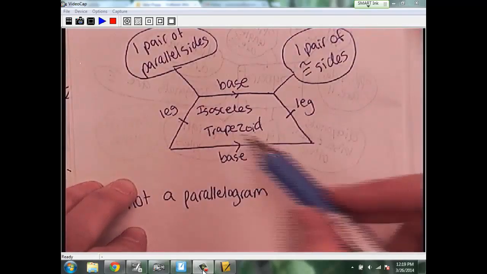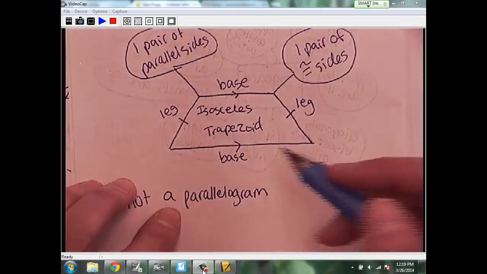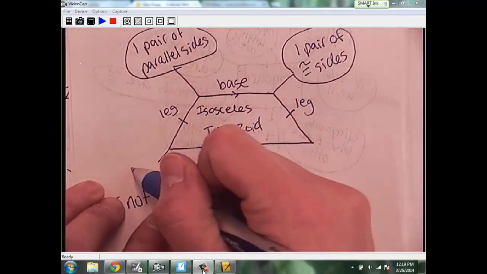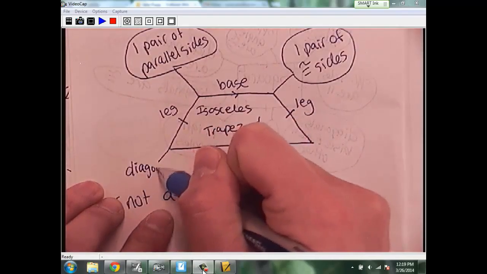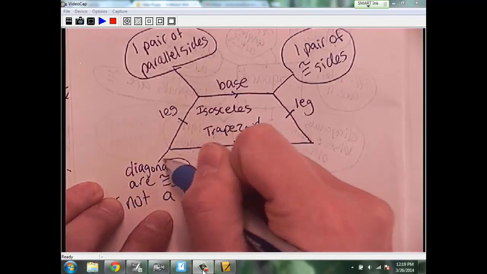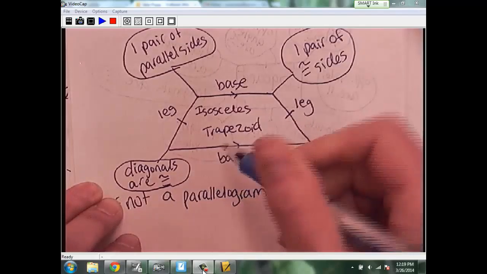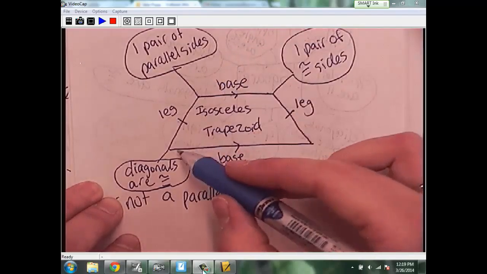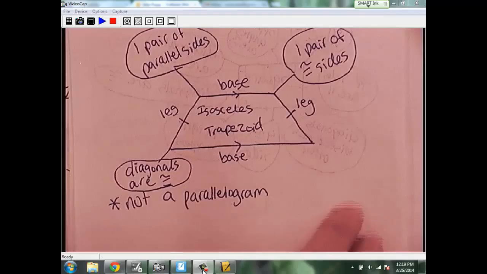Your two legs are congruent to each other. In an isosceles trapezoid, the diagonals are congruent. If I drew my diagonals, they would be congruent to each other.